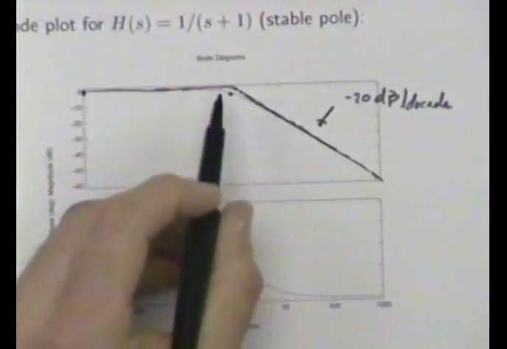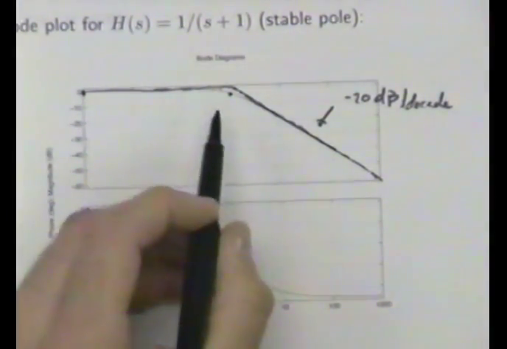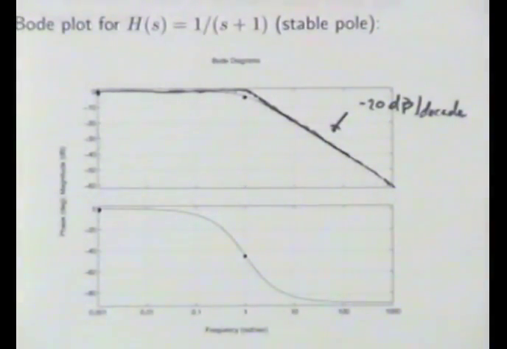And then we make a small correction here because we know at omega equals absolute p, we have this 3 dB correction to make.